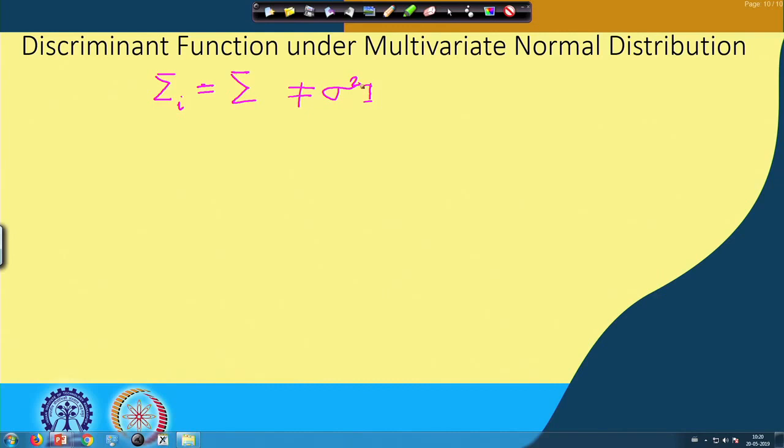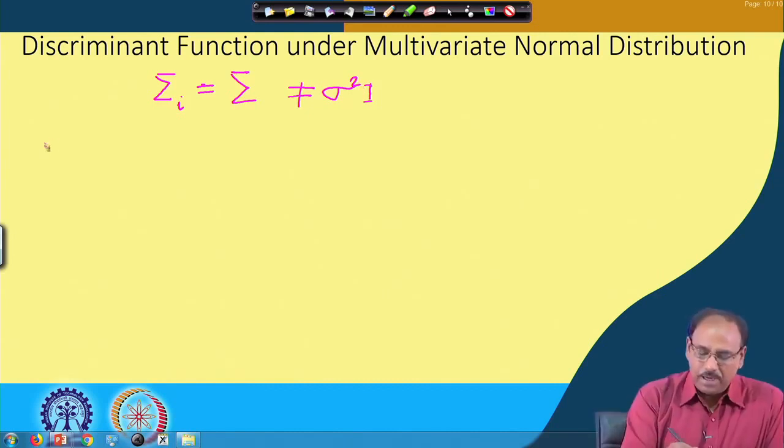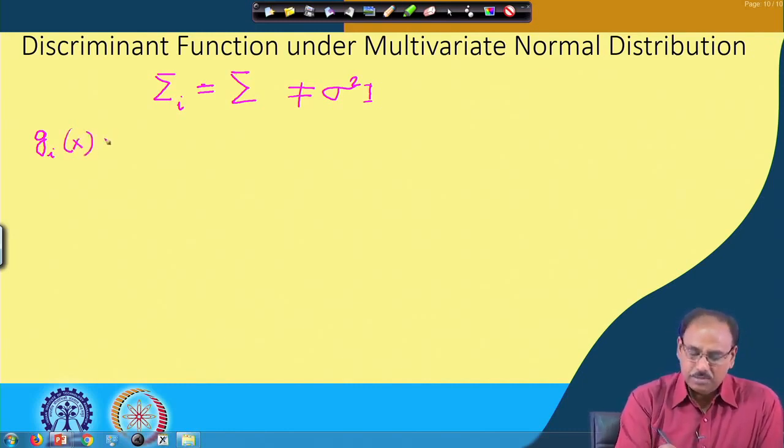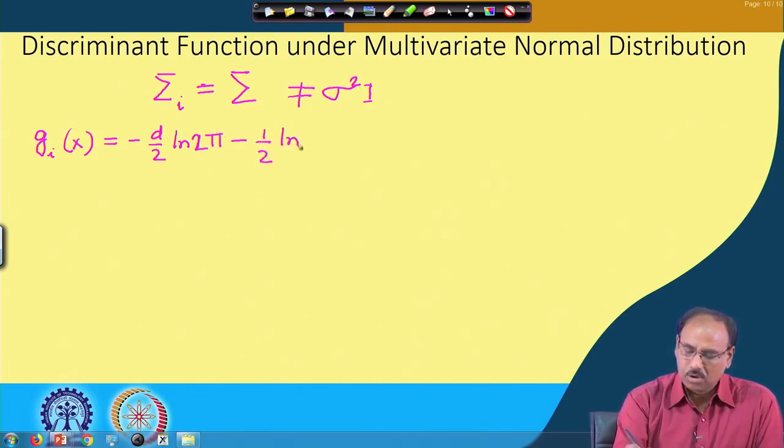So, given this situation, my g I x, if I compute from here, as before, the g I x was minus half log of 2 pi minus half log of mod of sigma I, but now sigma I is equal to sigma.